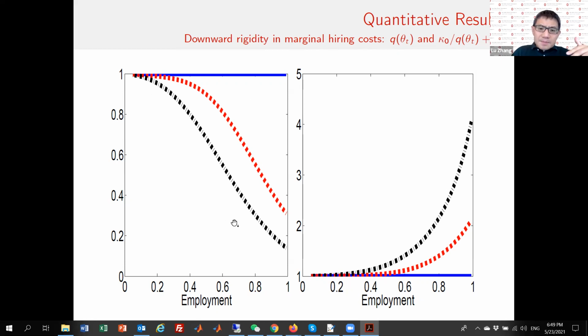In good times, firms are competing among themselves for a given pool of workers, so for a given vacancy, the probability of that vacancy being filled is small, because firms are competing among themselves. So for a given vacancy, the probability of it being filled is small.